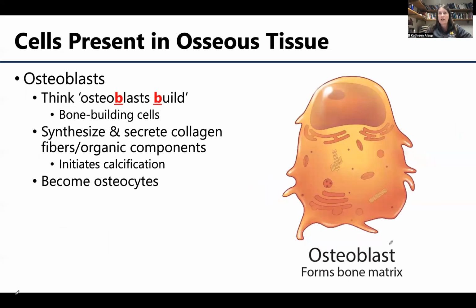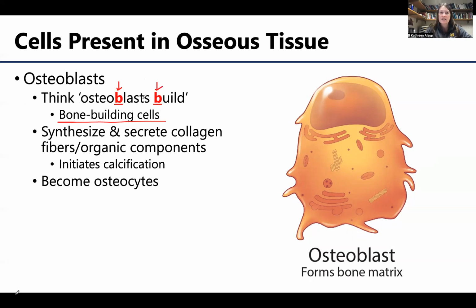So we keep talking about osteoblasts. What are these? Simply put, osteoblasts are the bone building cells. You can remember the function of osteoblasts because it has the B in it. Osteoblasts build bone.